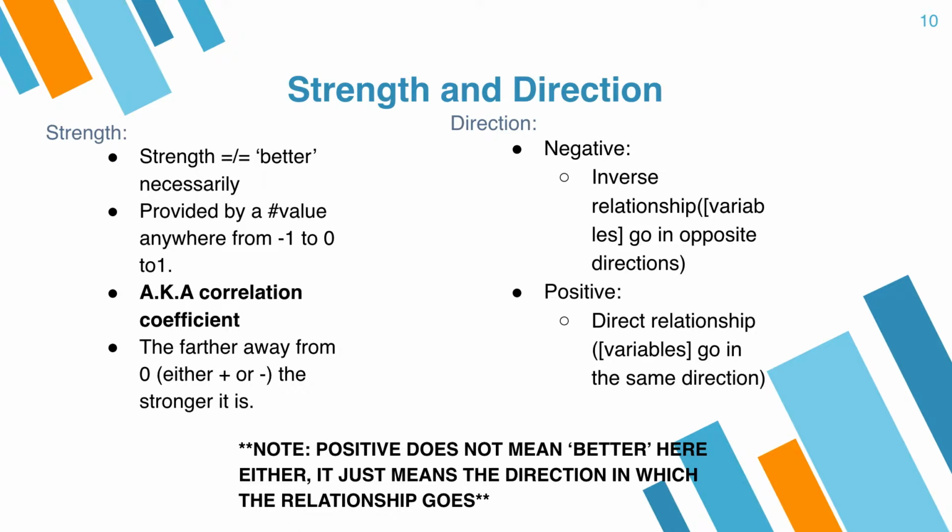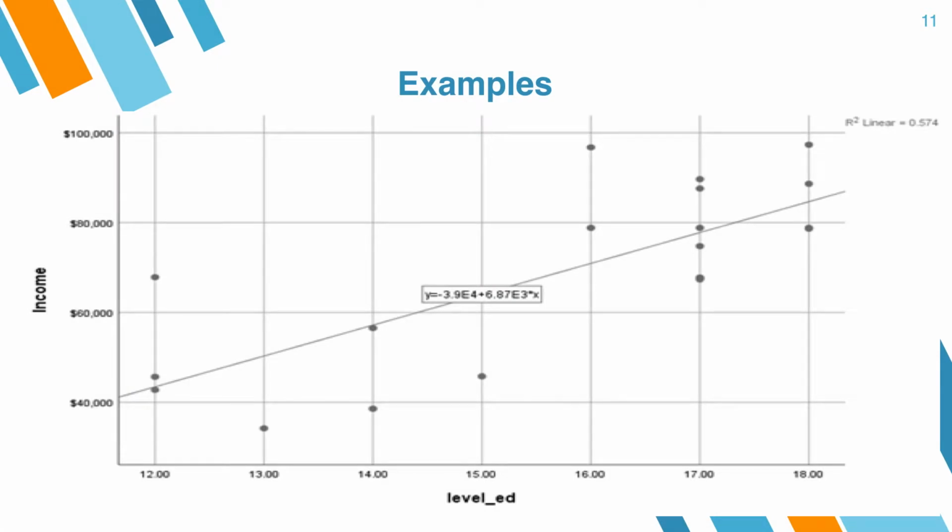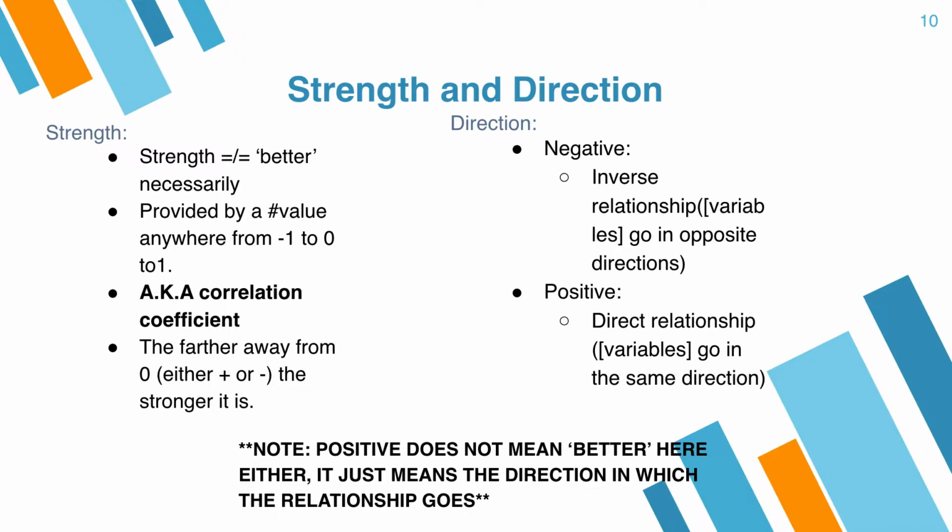A negative correlation would mean that they're in a straight line, possibly, but in a negative direction, and vice versa for positive, except the numbers would more than likely be positive. But again, positive does not mean better either. It's just indicating the direction in which it's going.